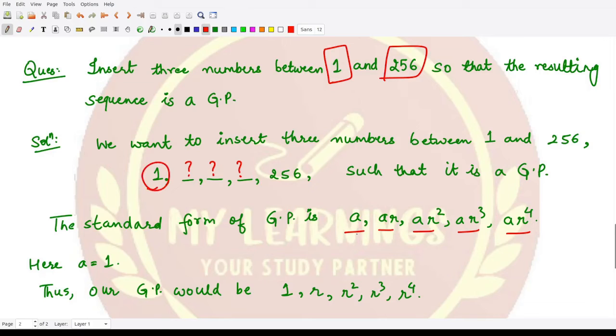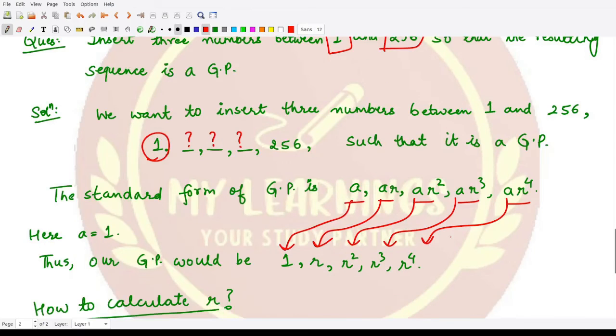If you replace A is equal to 1 here, our GP would be 1, r, r square, r cube, r raised to power 4 and so on. So this is our GP. Next, in order to determine all the terms of the GP, what do we require? We require the value of this r.